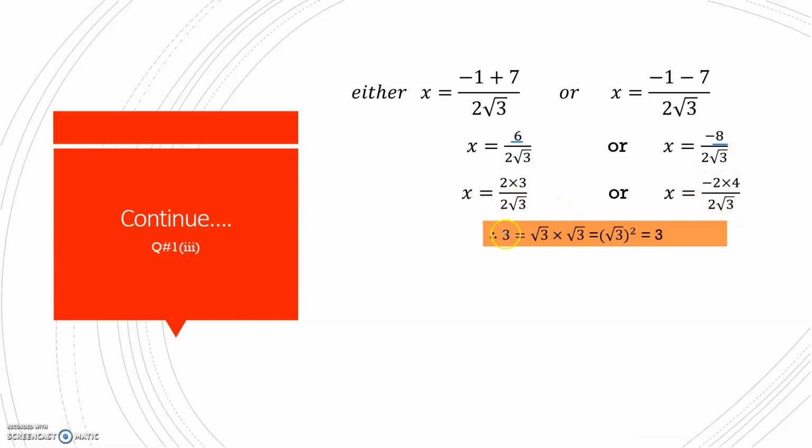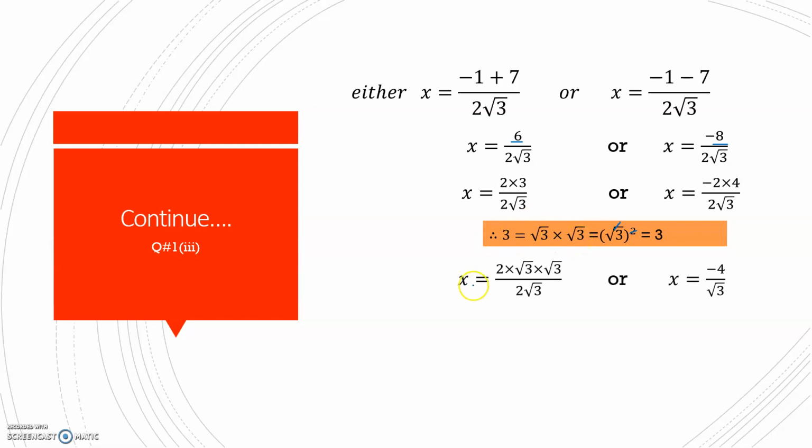Students, notice that we can write 3 as square root of 3 multiplied by square root of 3, as you know that square root of 3 multiplied by square root of 3 can be written as square root of 3 whole square. If we cancel this 2 with this square root sign, we will get 3. So you can say that we can write 3 is equal to square root of 3 multiplied by square root of 3.